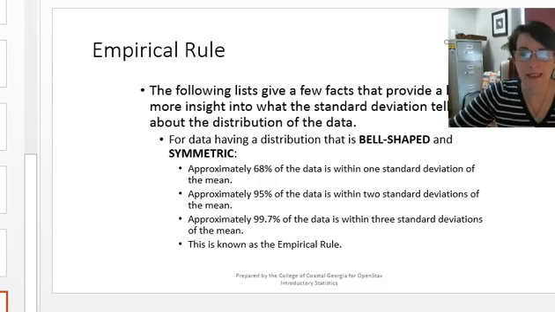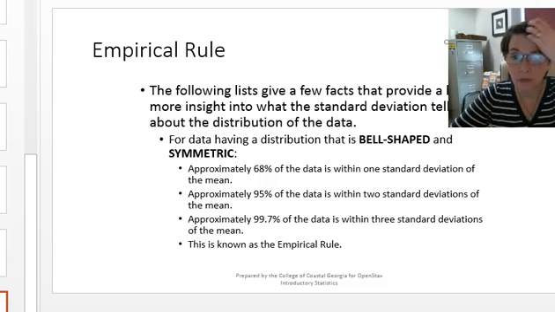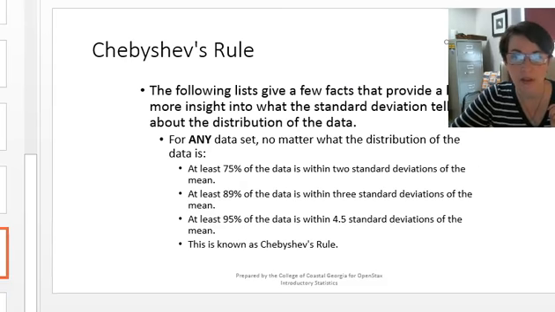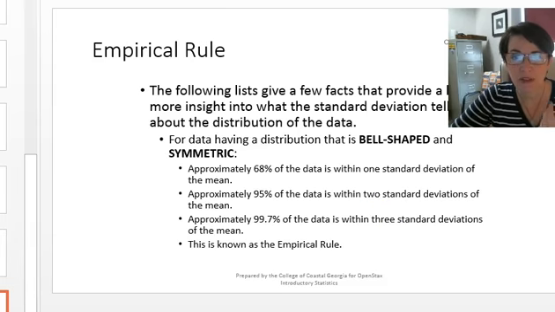So the empirical rule is a little easier to remember than Chebyshev's. I'm going to flip back up to Chebyshev's. Here it says that 75% of the data is within 2 standard deviations, 89% is within 3, and 95% is within 4.5. So it's a little bit different, Chebyshev's and the empirical rule. Usually we use the empirical rule as we are doing calculations. It is easier and more straightforward, we think.